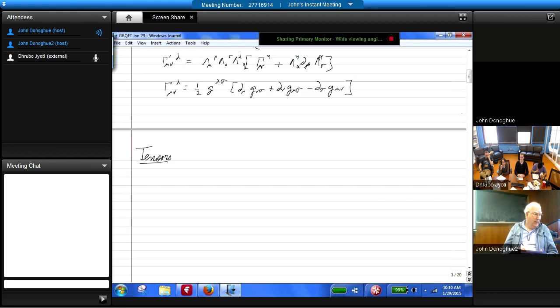So tensors are things that transform covariantly.